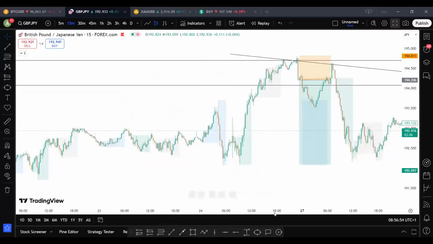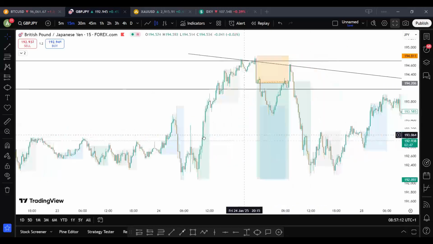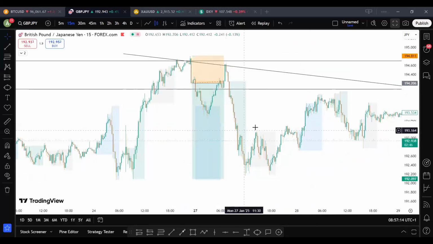So you take your profits if the market is buying. You take your profits on the next high. If the market is buying, take your profit on the next high. If the market is selling, take your profit on the next low. So for retail traders, they can enter here, hit their take profit.